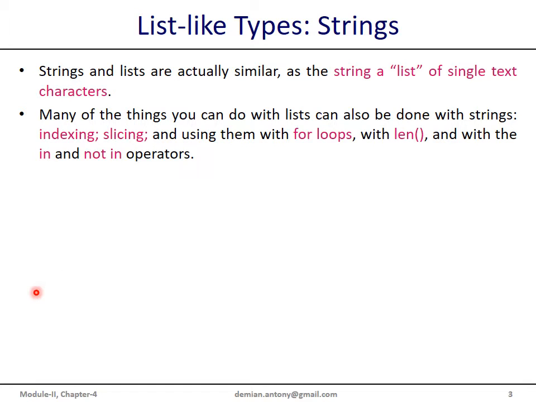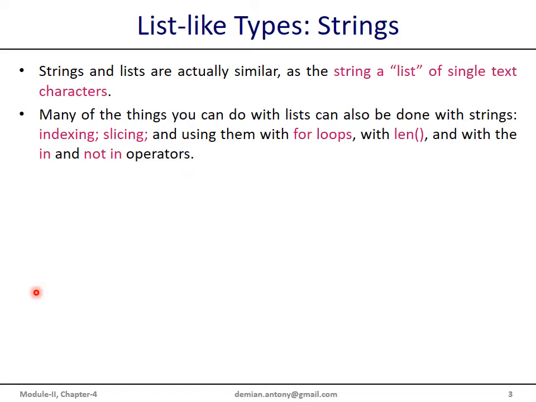Similarities between lists and strings. Strings and lists are actually similar, as string is a list of characters. Whatever the operations which are permitted in Python on lists are also applicable to strings.